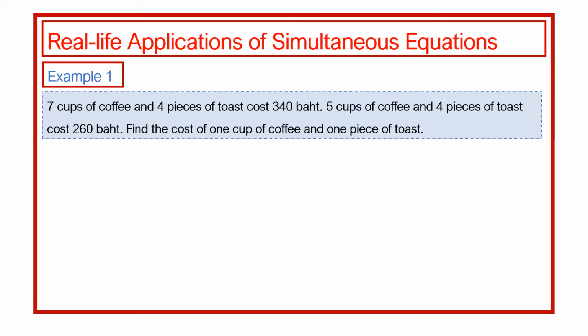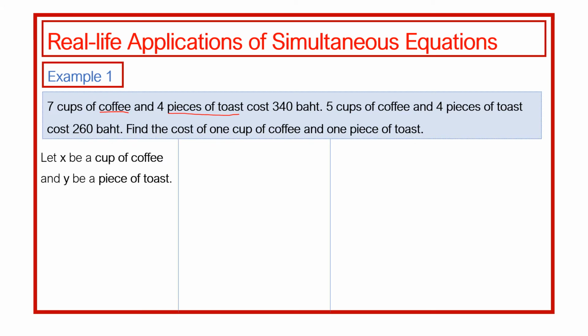So in this problem, you can see that we have got two variables. We have got coffee and we have got pieces of toast. So we can say, let x be a cup of coffee and y be a piece of toast.